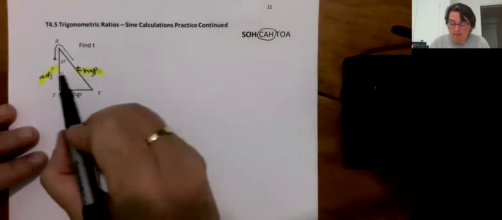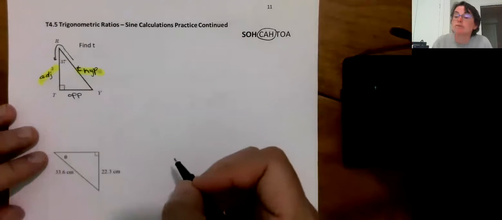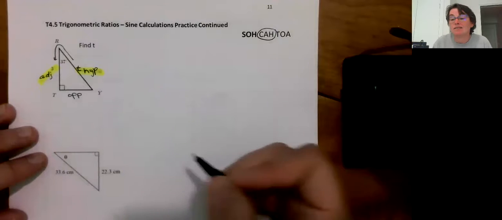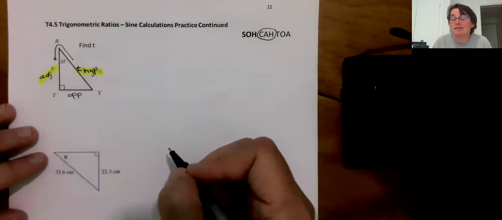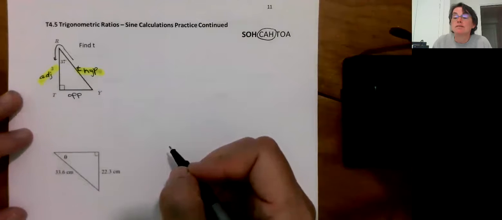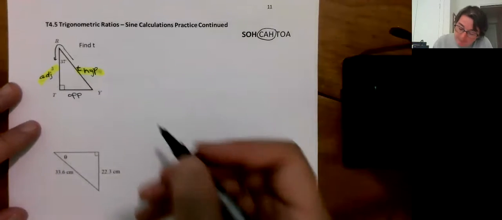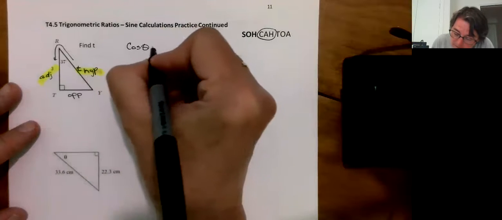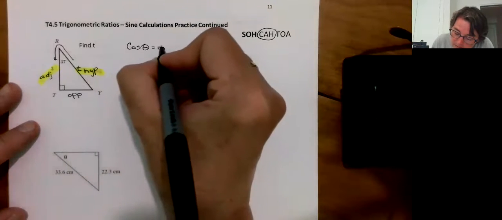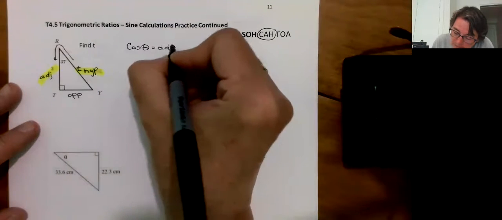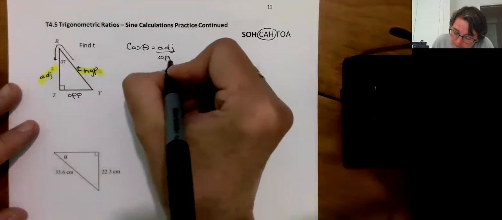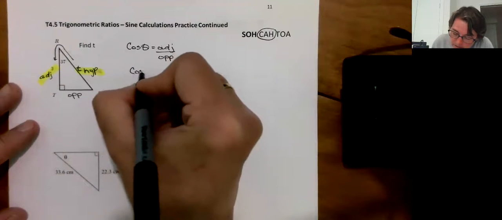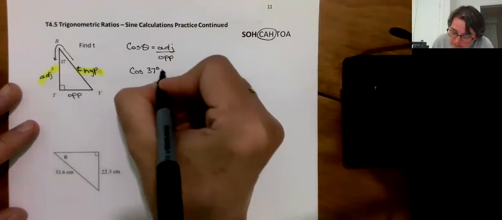So obviously, if we have adjacent and hypotenuse, we're going to use cosine. Truth is, the calculation's almost identical to what you would do for sine, except you use the cos button instead of the sine button. Okay, so cosine theta is equal to adjacent over opposite. Cosine 37 degrees.